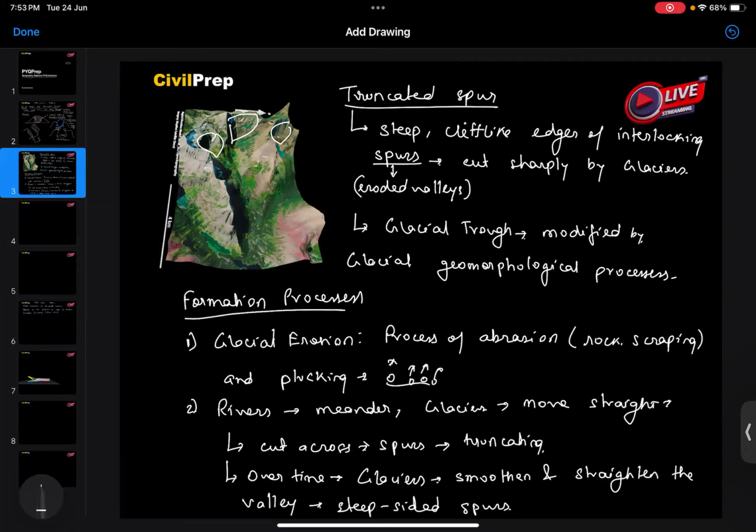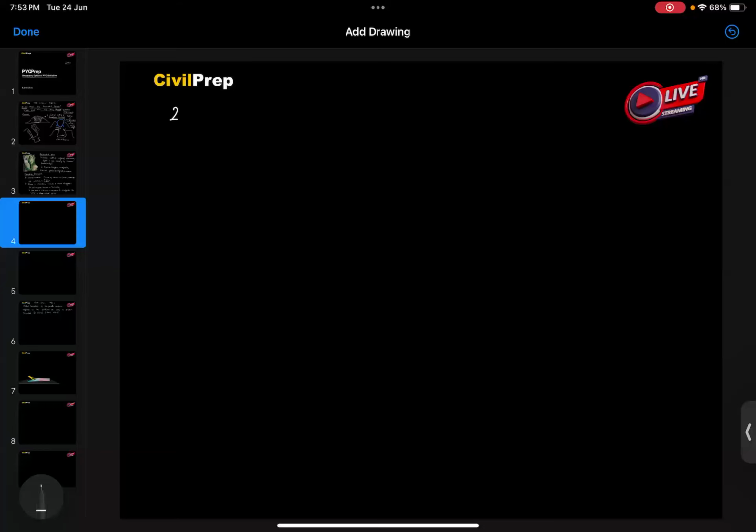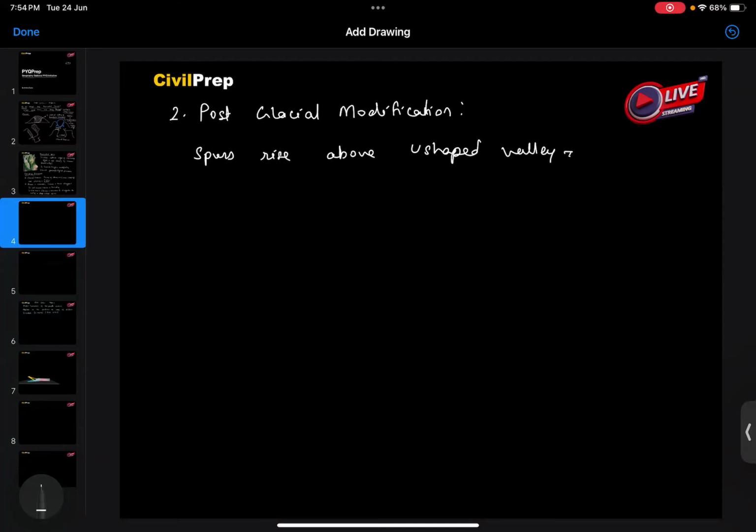Now after this, there is also the second part, that is post-glacial modification. Here we'll be seeing that the spurs remain as sharp cliffs and they rise above the U-shaped valley, which is formed by the glacier.